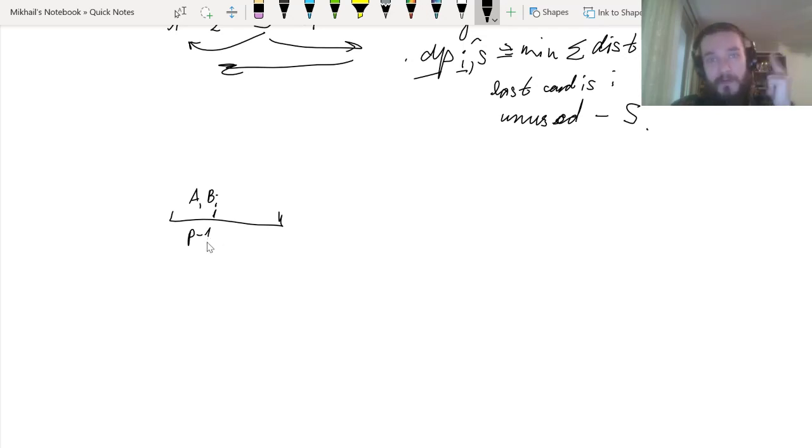So by our previous discussion, if I and P minus 1 have the same parity, then the card reached the position P minus 1 in red state. So it has AI. Otherwise it has BI.